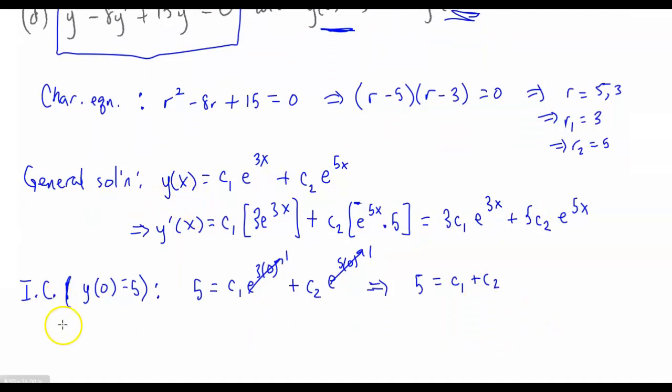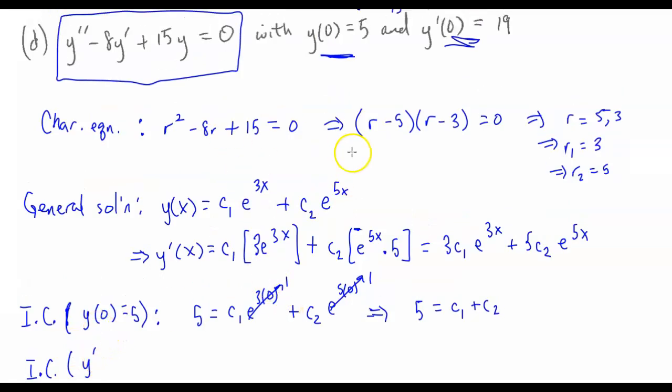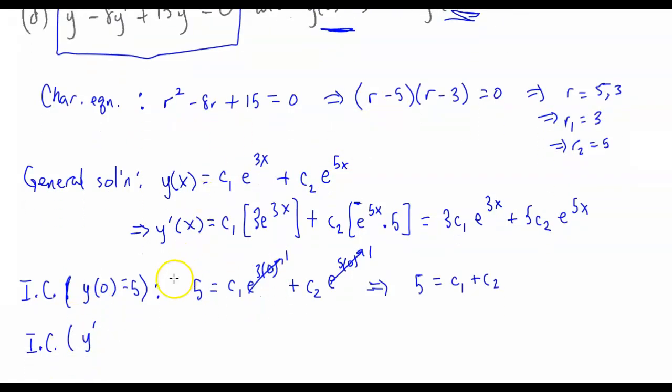All right, so if we use the second initial condition, and this is y prime of 0, and that's equal to 19. Then here this means that 19 is equal to 3c1 e raised to the 0 plus 5c2 e raised to the 0.